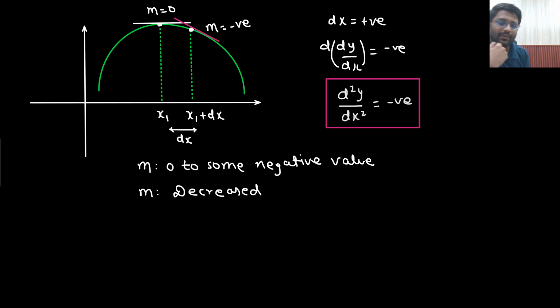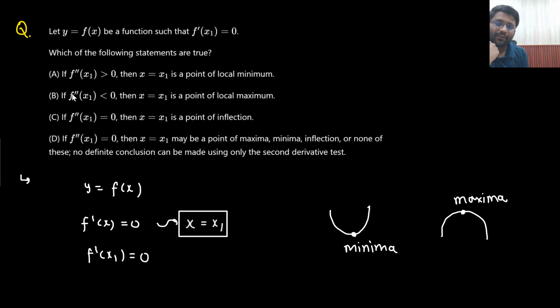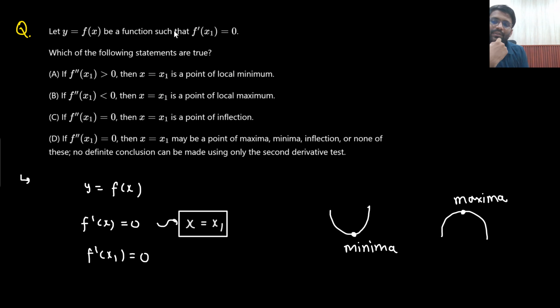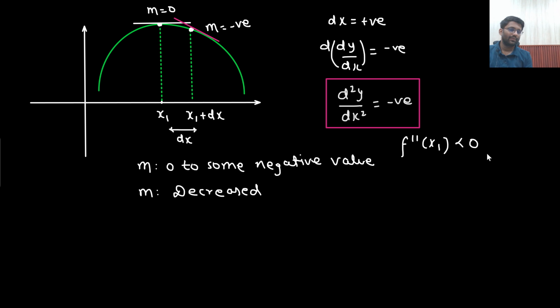There you go. So f double dash x1, and all we are talking about is at x equals x1, has to be negative or less than 0. So if f double dash x1 is less than 0, then x equals x1 is a point of local maxima. Absolutely yes. Is that clear to you?